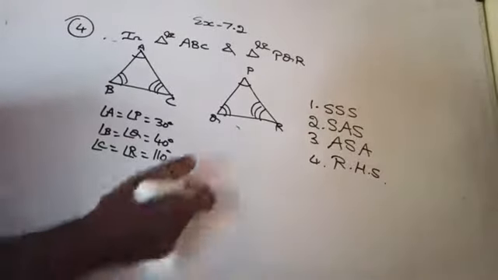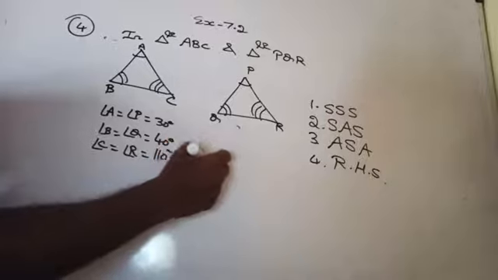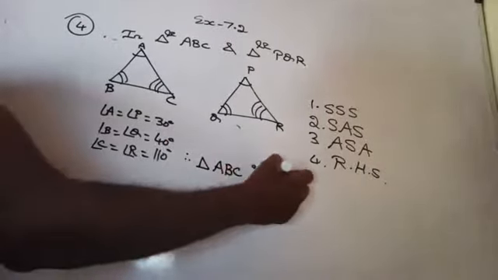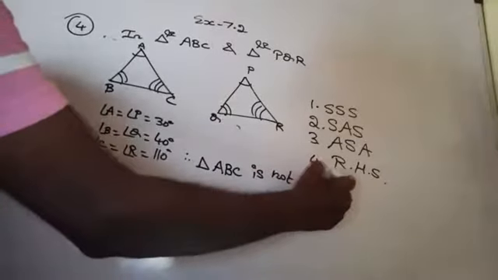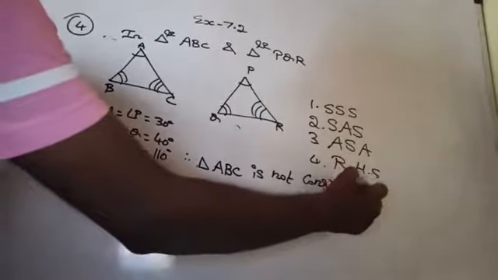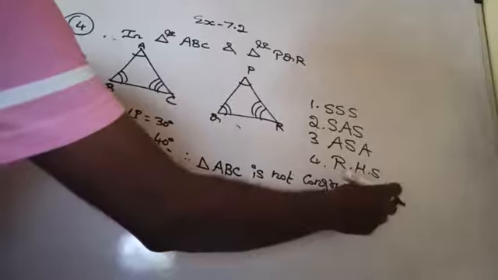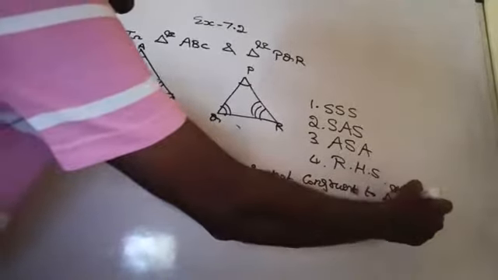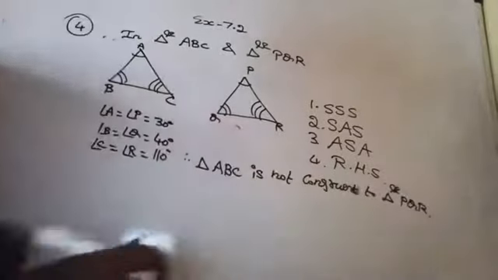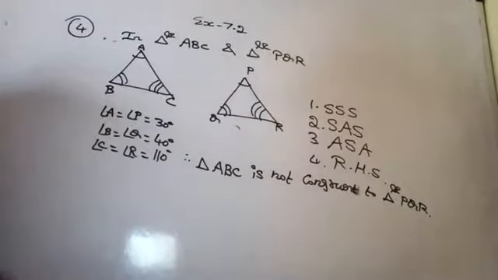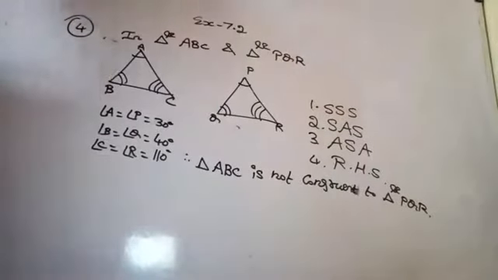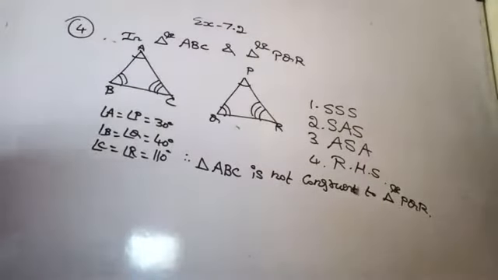So triangle ABC is not congruent to triangle PQR. Am I right? Why?